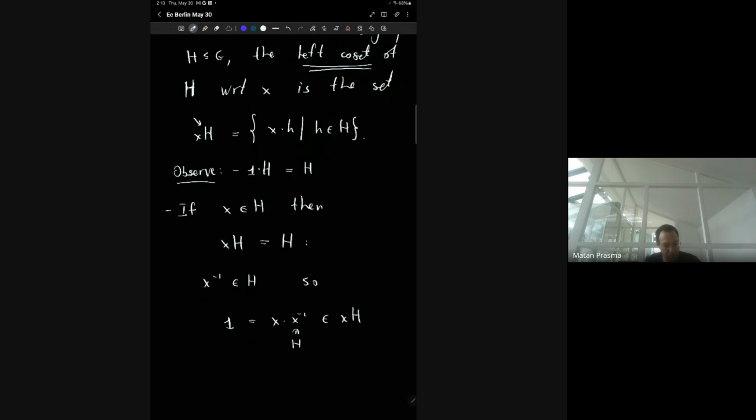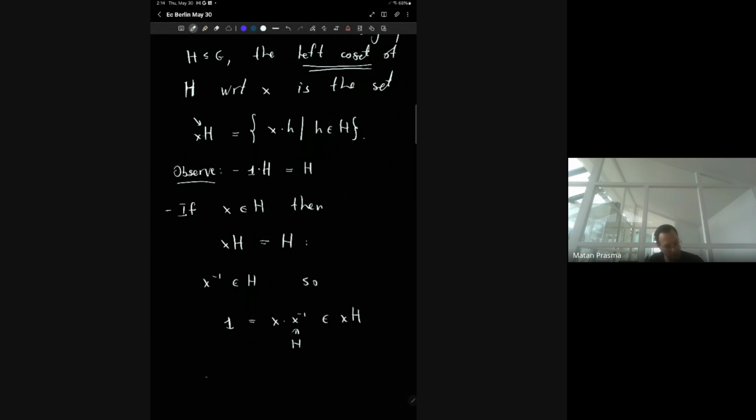And now, given some Y in H, so I guess to show equality of sets, I need to show inclusion of both sides.